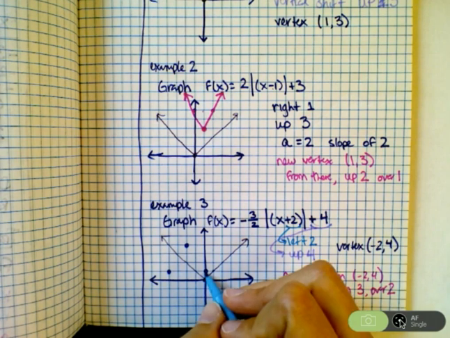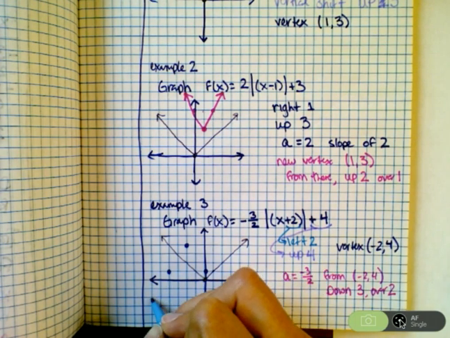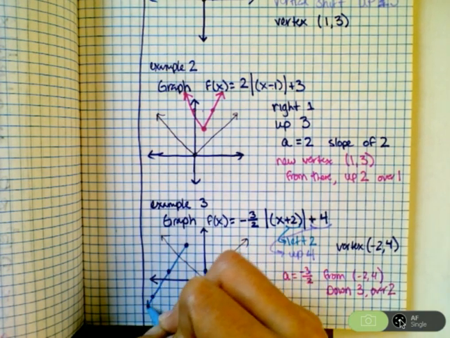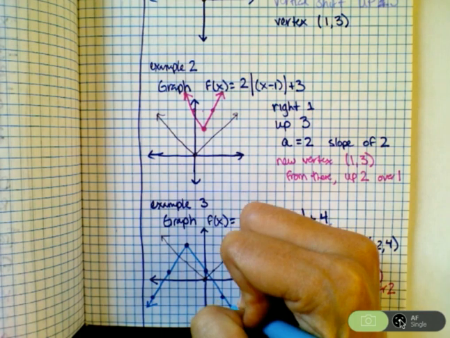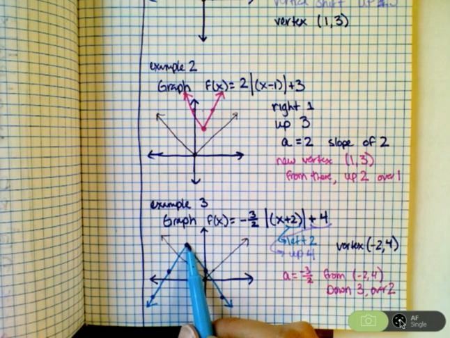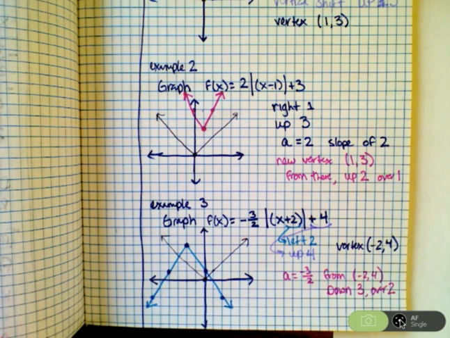And then from those points again, down 3 and over 2, down 3 and over 2. And you can see what our absolute value function looks like. So again, we went to the vertex at negative 2, 4. We knew that because this was shifted left 2 and up 4, which puts us here. Down 3 and over 2 from there because that was our stretch. So down 3 over 2 in both directions.